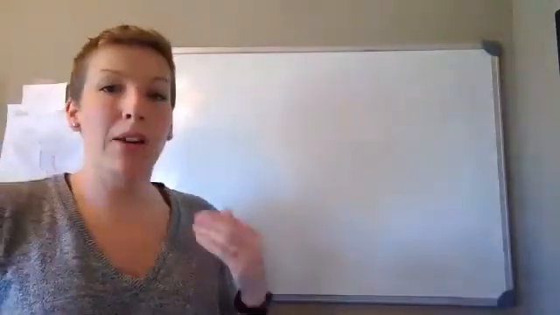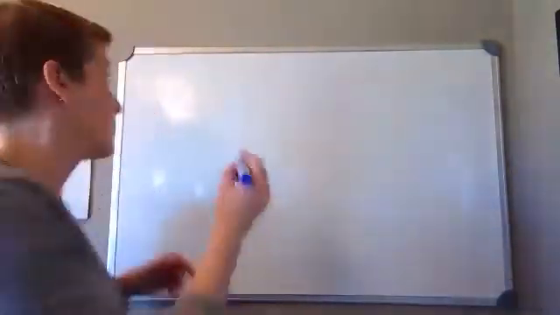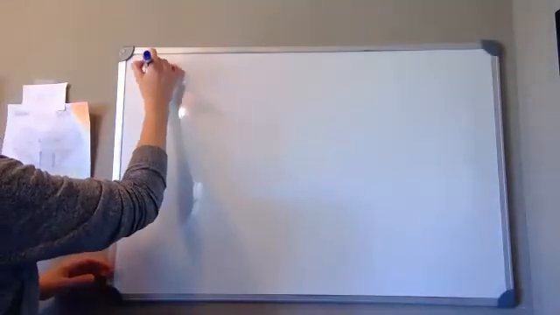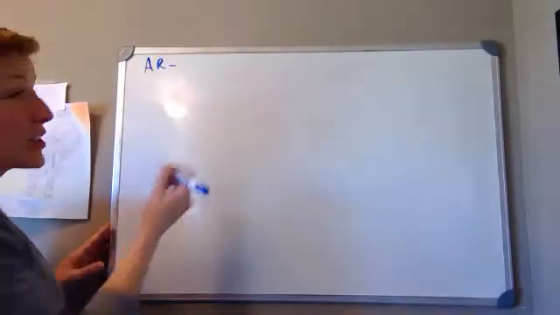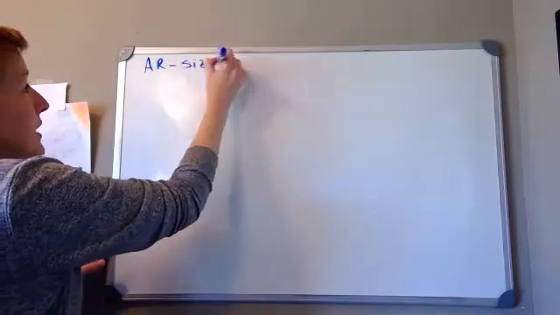I'm going to be referring up here, right underneath here, to these arrows. So the first thing we're going to talk about is our atomic radius, AR. Atomic radius is just the size of the atom, just like it sounds.